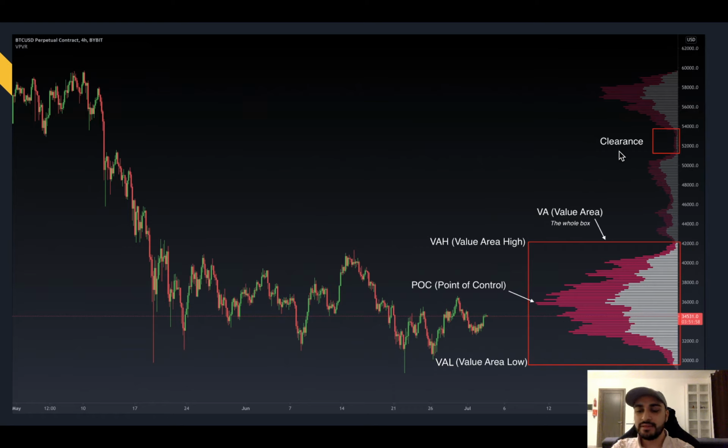So you have a clearance here, and clearances are areas where price has more tendency of acting quickly. Because it's a lot of LVNs, it either goes back to the previous range or it goes fast through that. It doesn't spend so much time there.